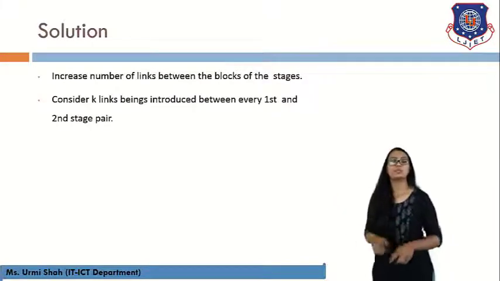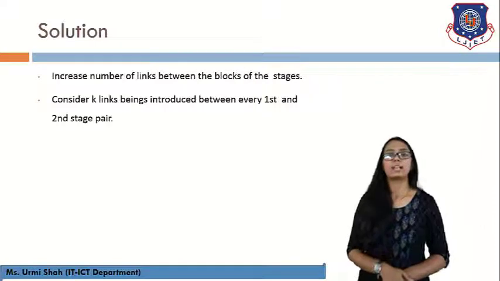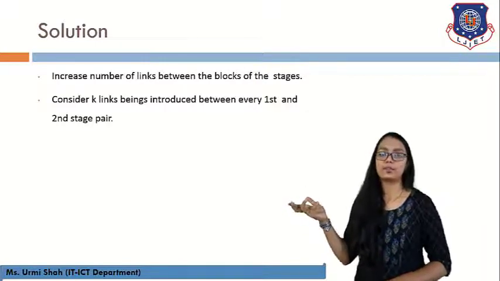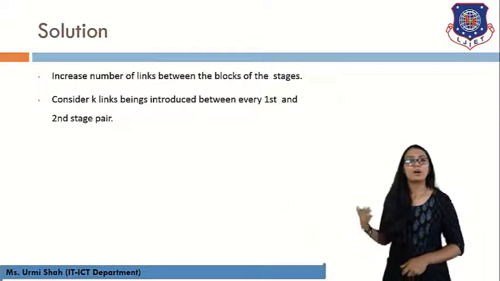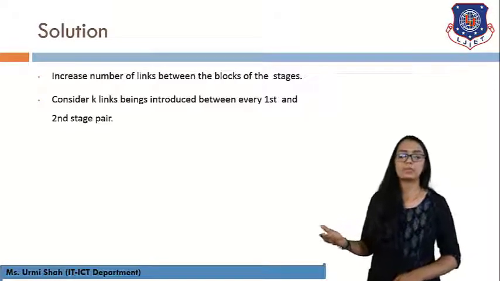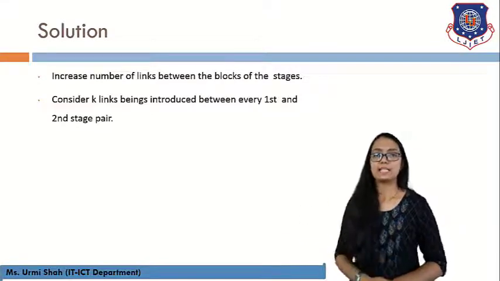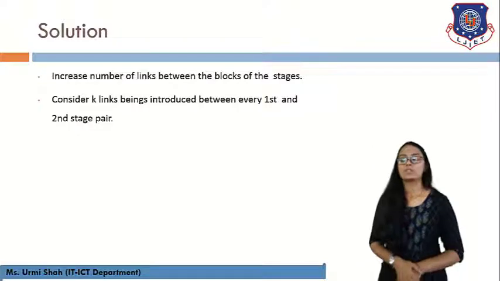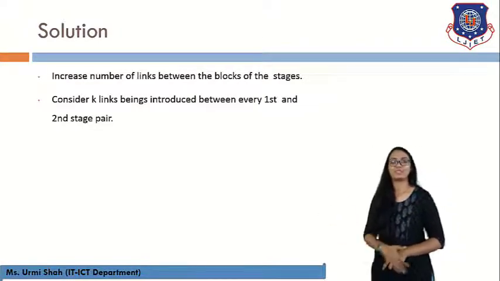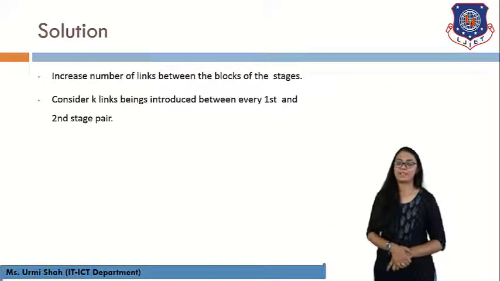Either you can increase the number of links between the blocks of stages, or you can introduce k links between the first and second stage pair. So this is the solution for this particular problem.